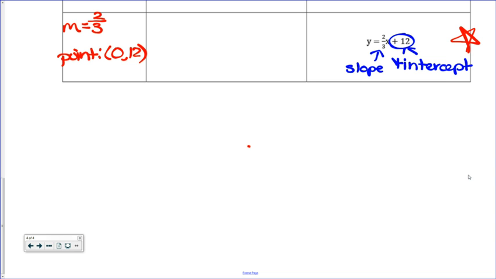And once we know those things, it's easy to put this into point-slope form. y minus 12 equals our slope, m, so 2/3 times x minus 0. Remember, the signs are going to look like they changed because of our formula, so our positive 12 becomes a minus 12. Our 0 is a minus 0.